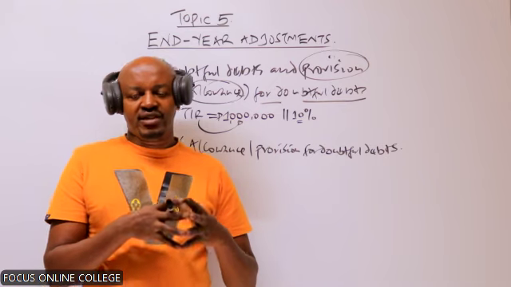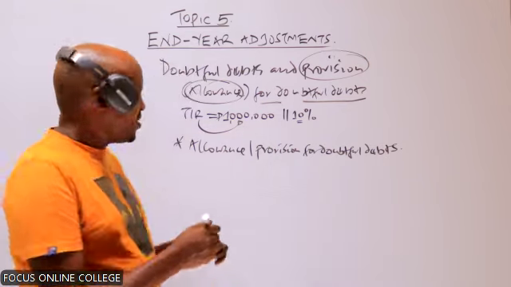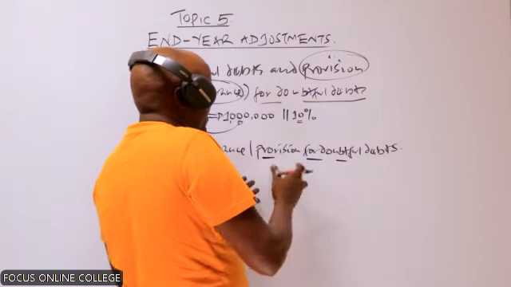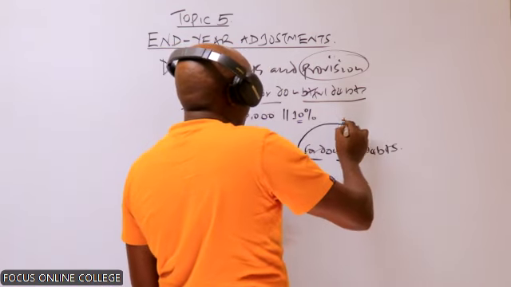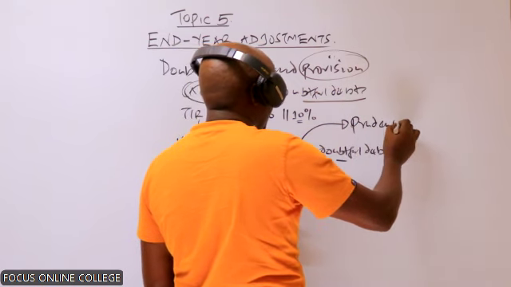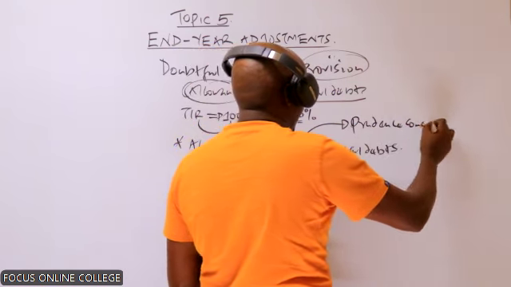This provision or allowance is set aside by the business in accordance with an accounting concept known as the prudence concept.